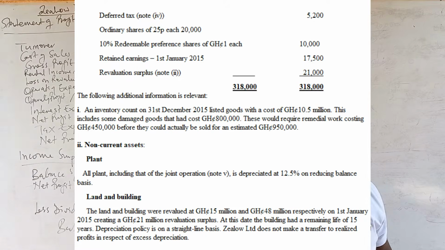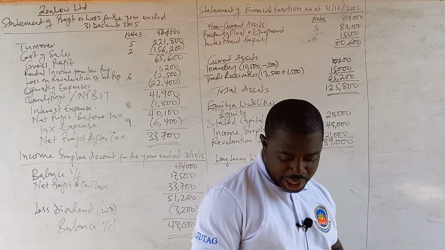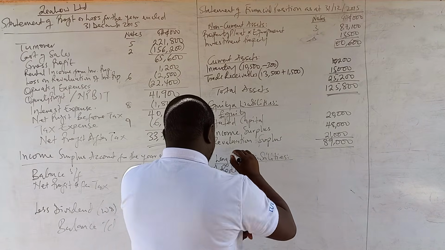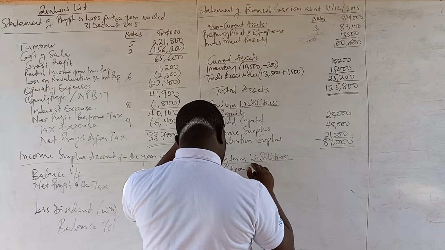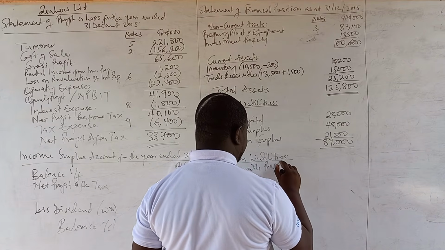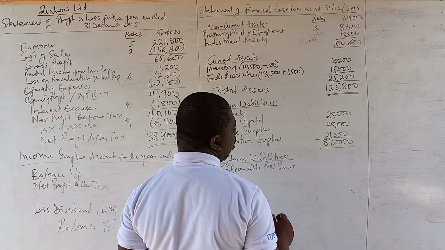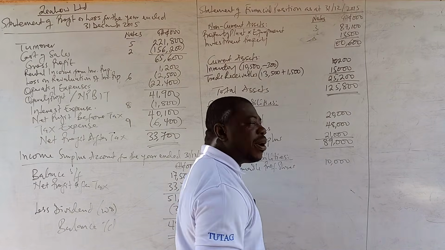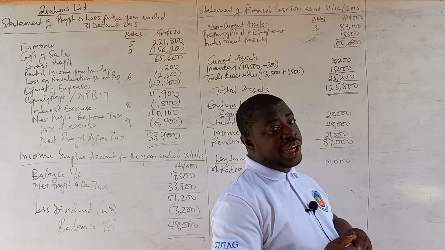Now, if you go through the trial balance, we have 10% redeemable preference shares. We have redeemable preference shares of 10,000 Ghana cedi. That is a liability. So 10% redeemable preference shares, 10,000 Ghana cedi. And then remember that there was a deferred tax liability we calculated.